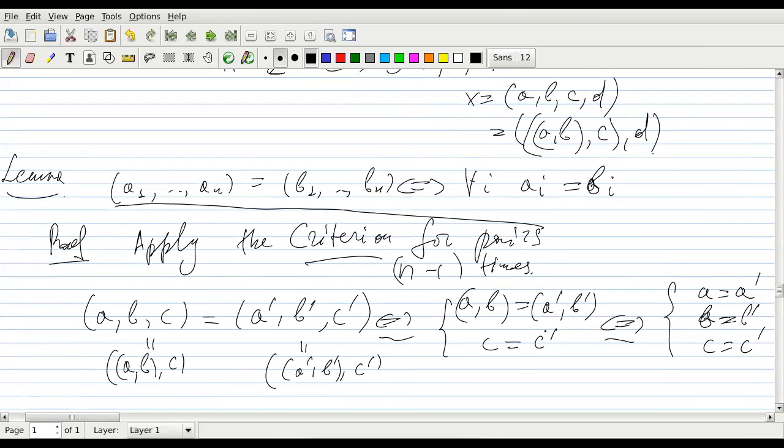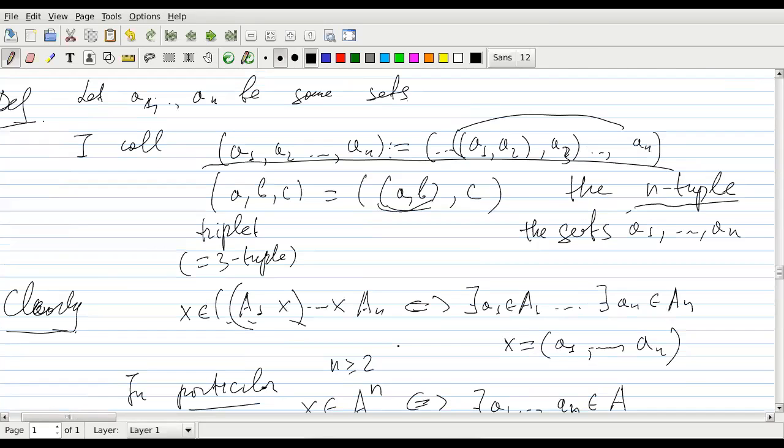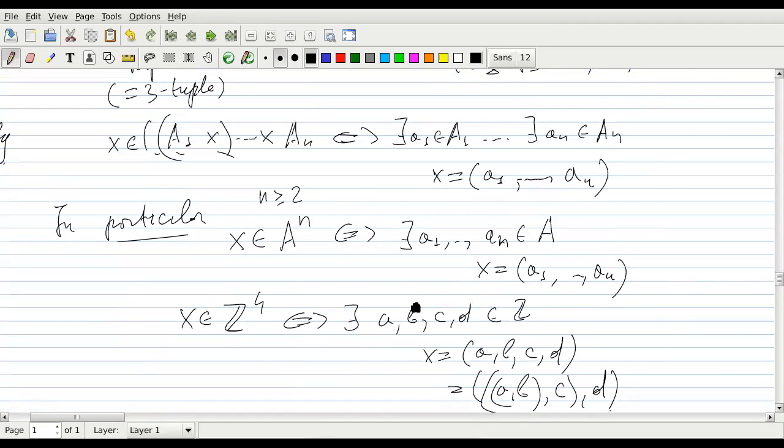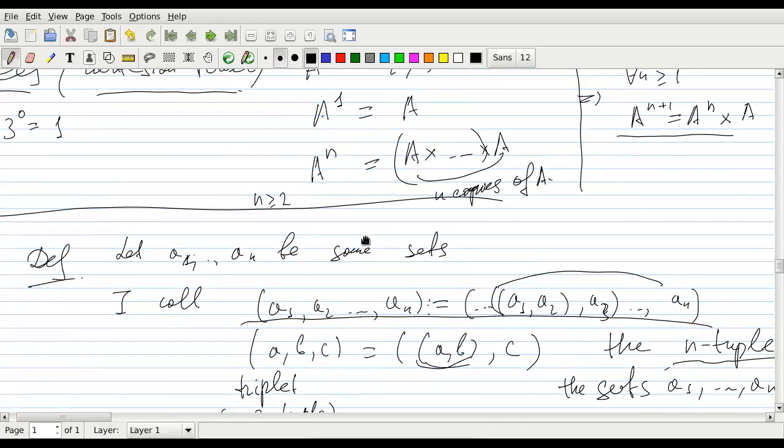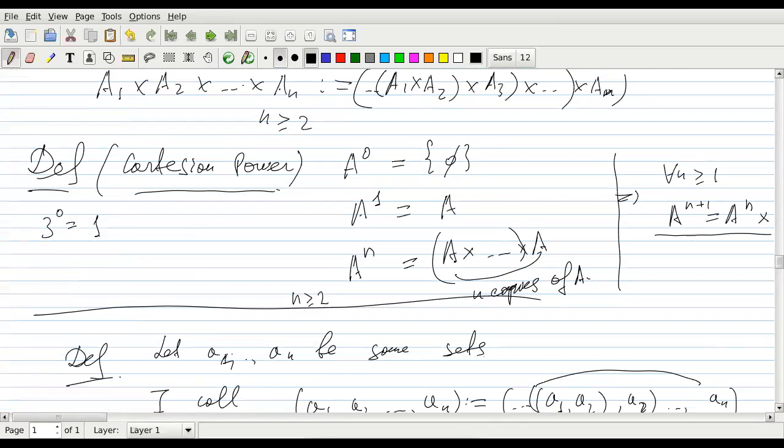Seems inductive. Of course, it's possible to prove it formally by induction, but there are some formal difficulties here, which arise from the fact that we need a recursive definition for our tuples, for our powers, and such a formal recursive definition needs another set construction principle.